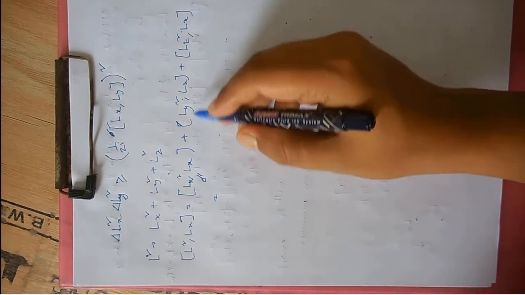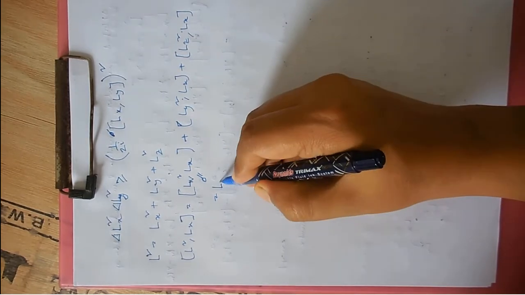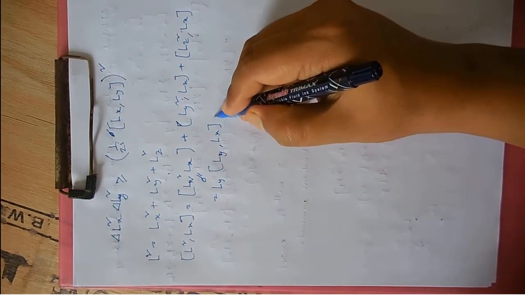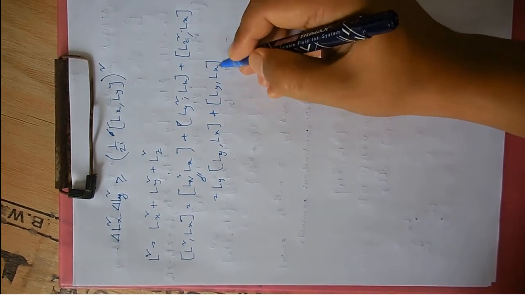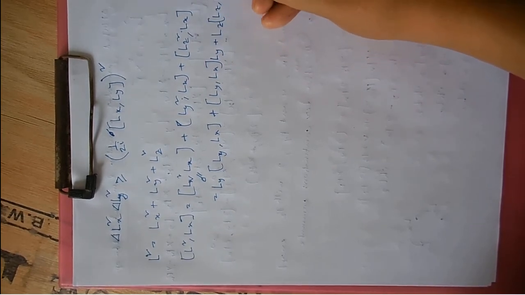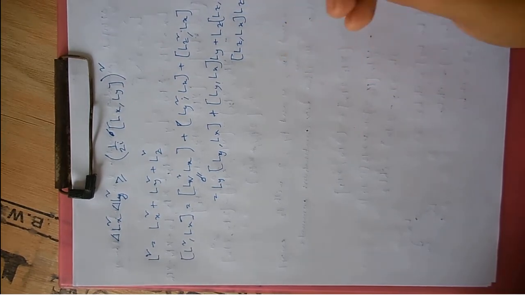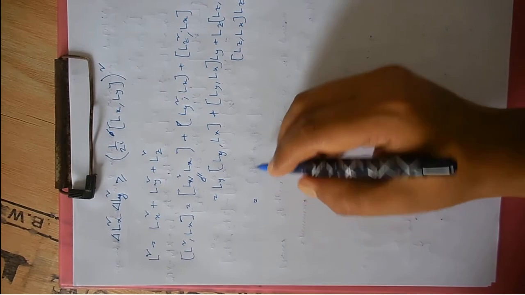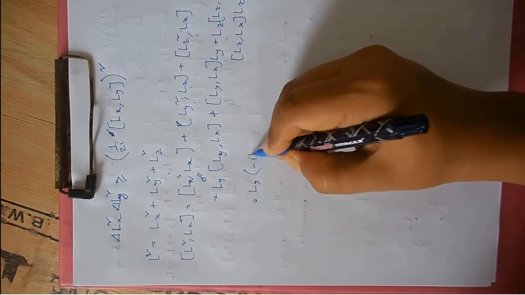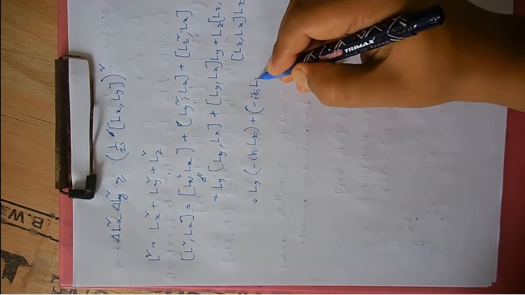Suppose this term, Lx. If I expand this, I will get Ly, Lx, Ly. Similarly, Lz, Lx, Lz, like that. If I put in all the commutation relations, minus i h-cut Lz plus, these are just simple calculations, nothing else.